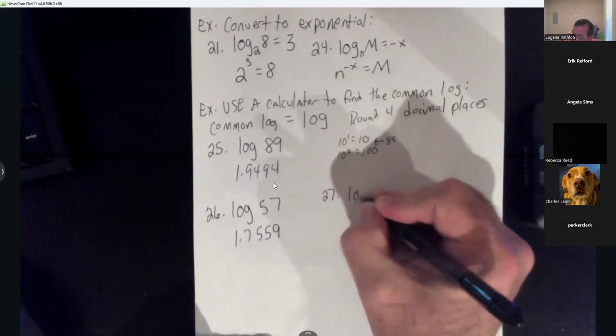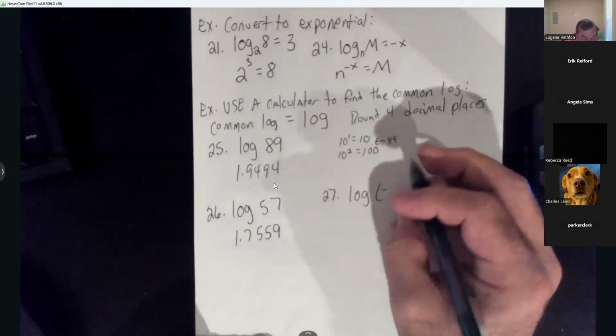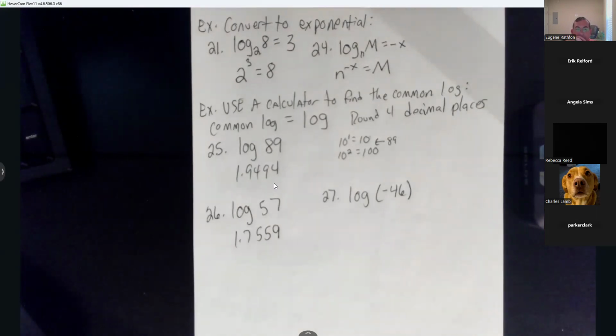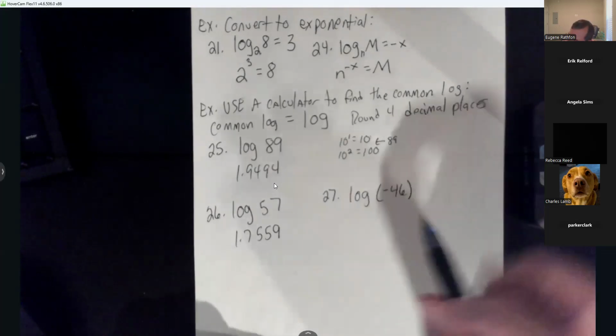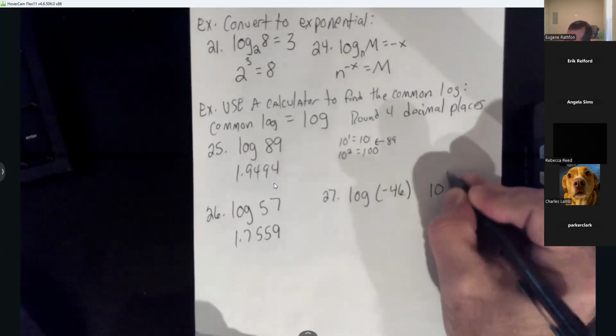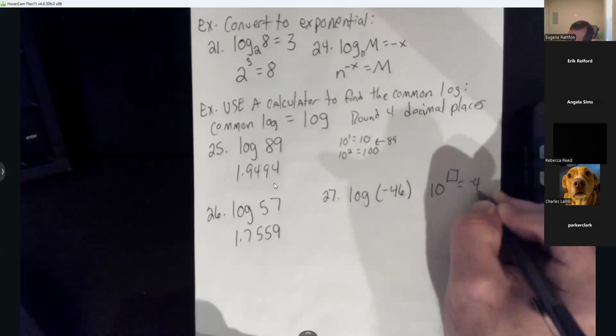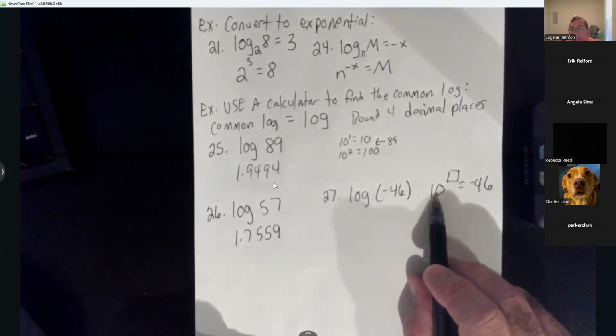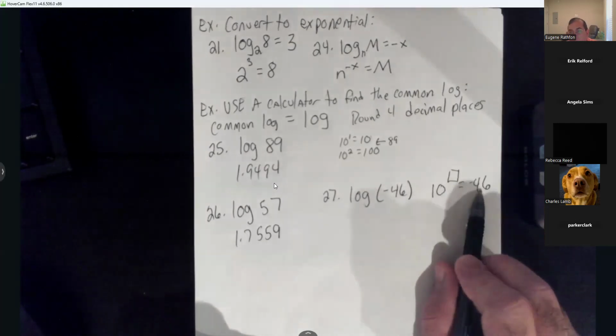Well, y'all, what about this? Log of a negative 46. Oh, good job. Non-real answer. Y'all, that means, think about it, there's no exponent that I can raise a 10 to turn it into a negative number.